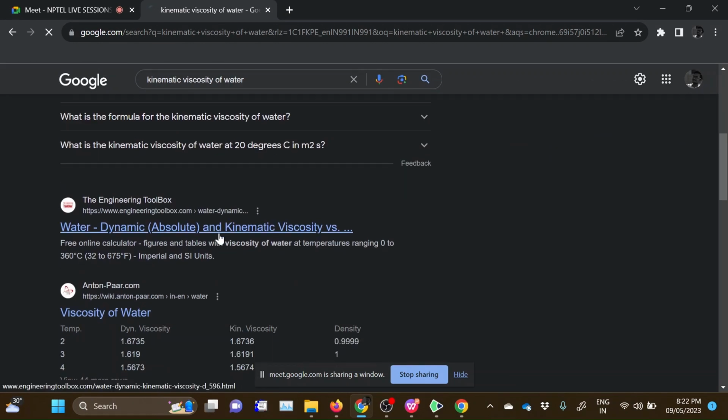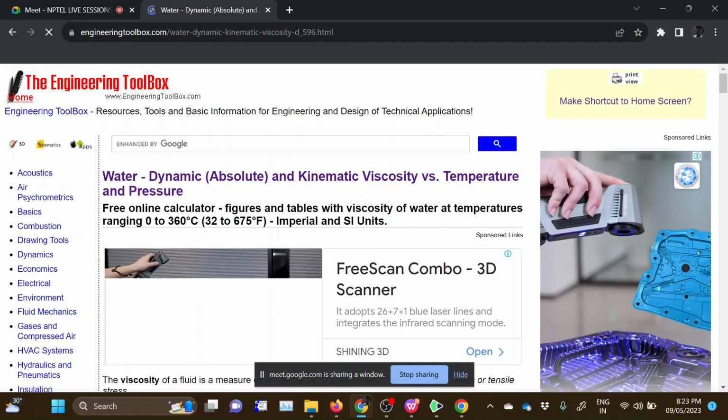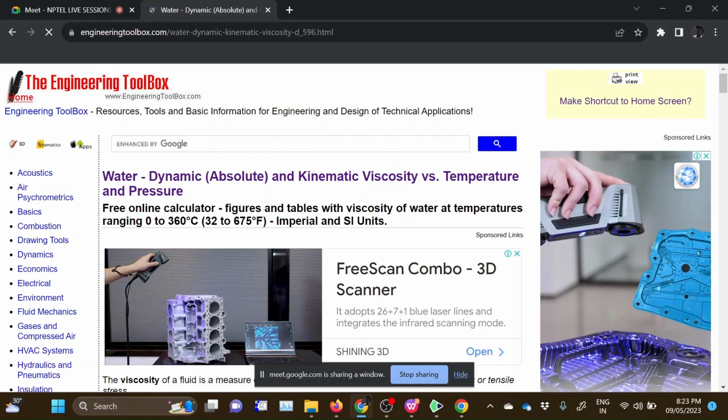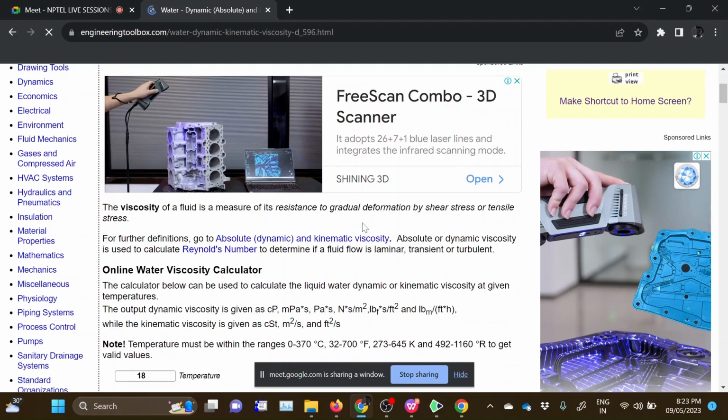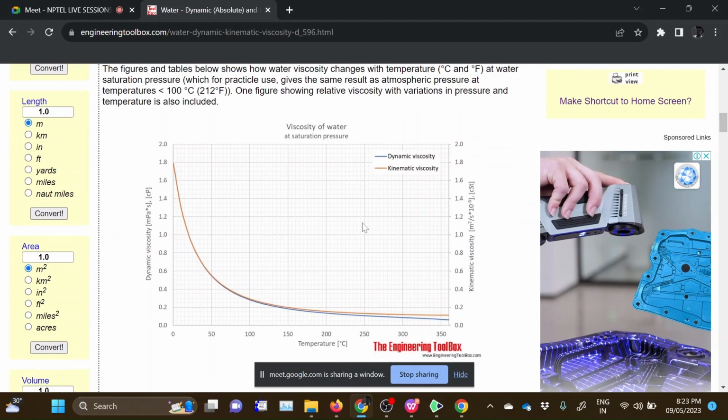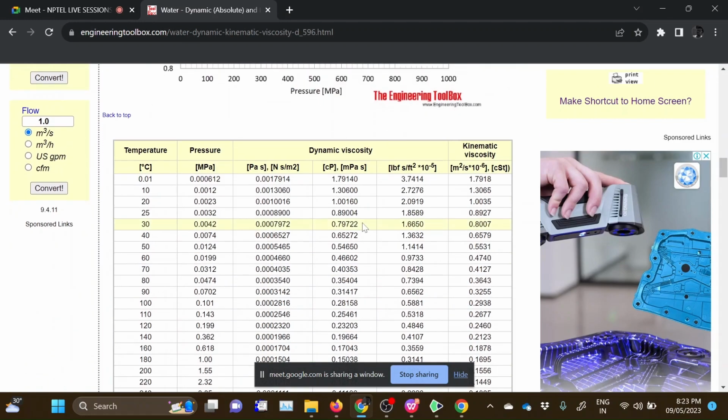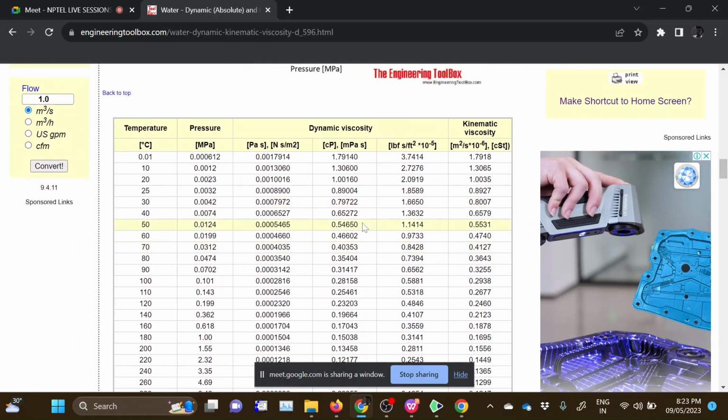There is this very nice tool or website known as the engineering toolbox, which really gives all these data very concisely and very nicely. So we can use that.